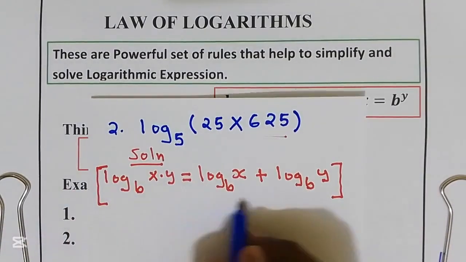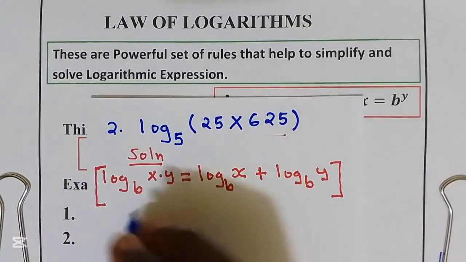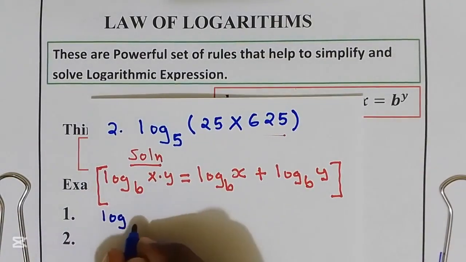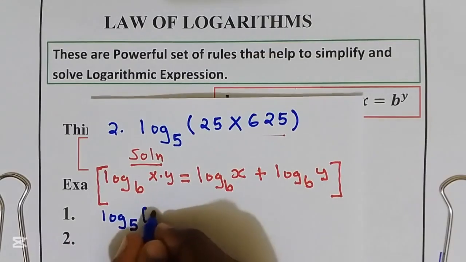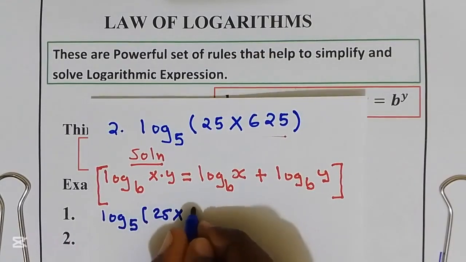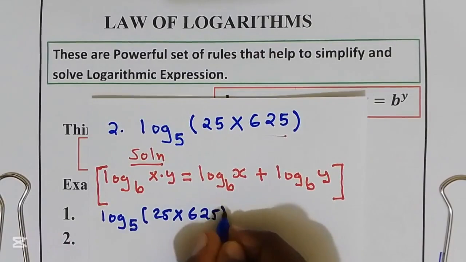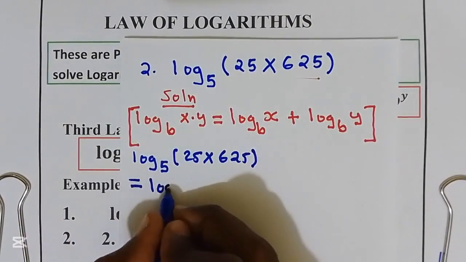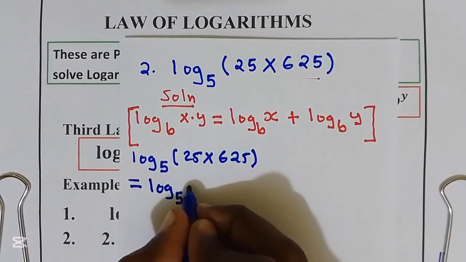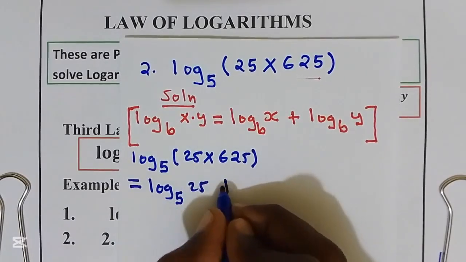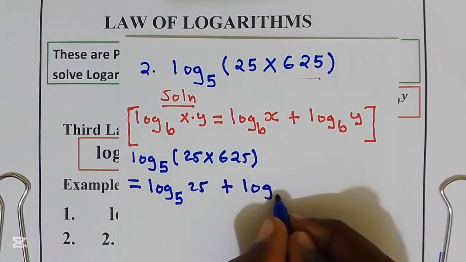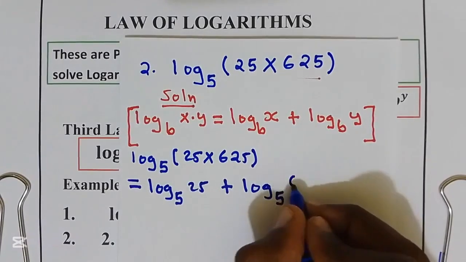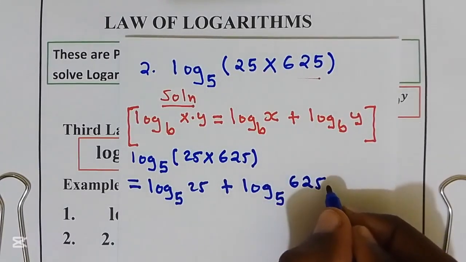Let's apply it to our question. It is going to be log base 5 of 25 multiplied by 625. This is equal to log base 5 of 25 plus log base 5 of 625.